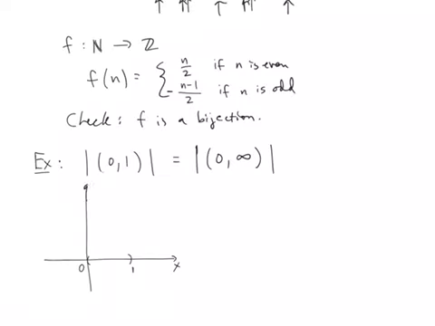Your output is y, and you want that to cover the interval from 0 to infinity. So you sort of have infinity all the way up here. What you want is some graph that connects 0 over here, and as you approach 1, you have some kind of asymptote.